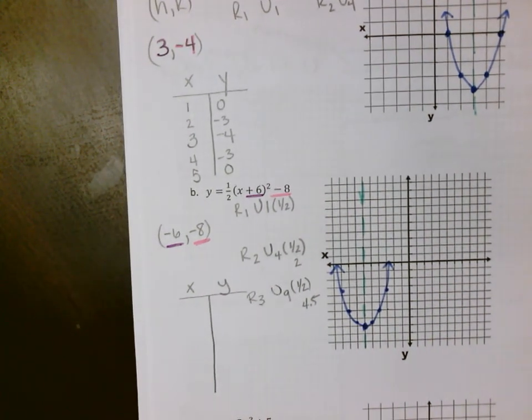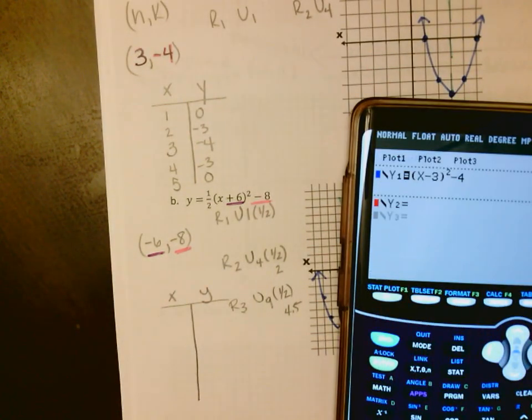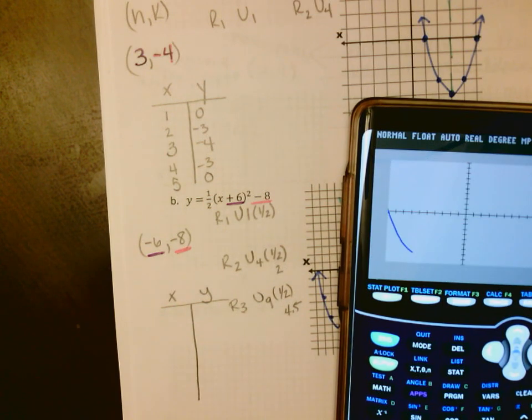Or type this into your calculator. So hit y equals, 1/2 times x plus 6 squared minus 8. Hit graph. You can see my graph there showing up.